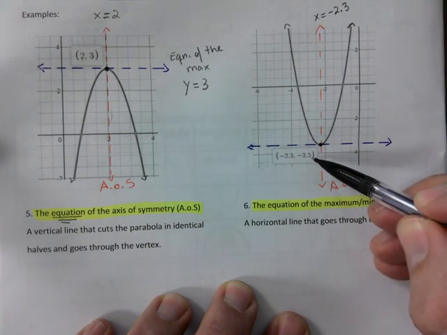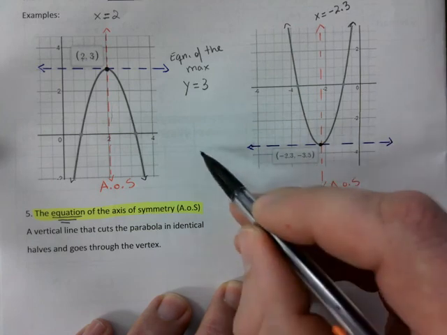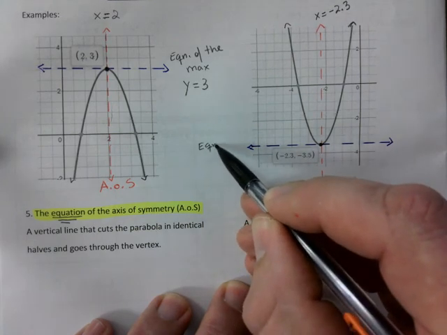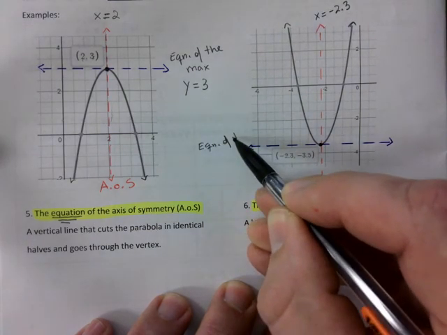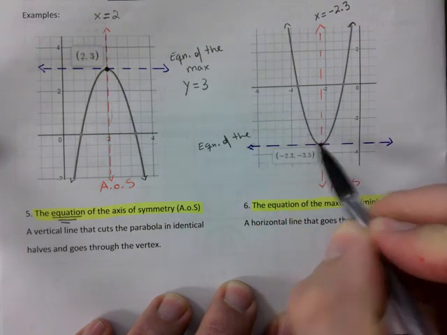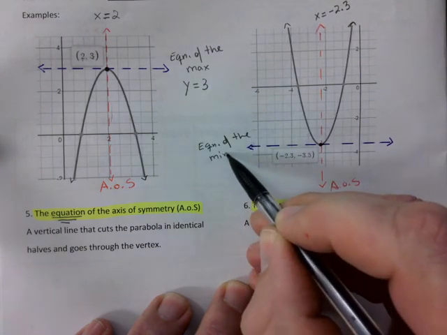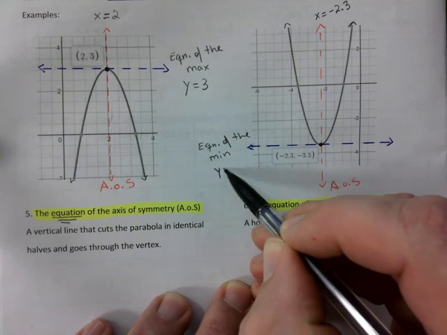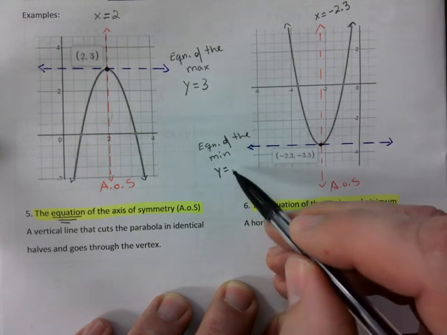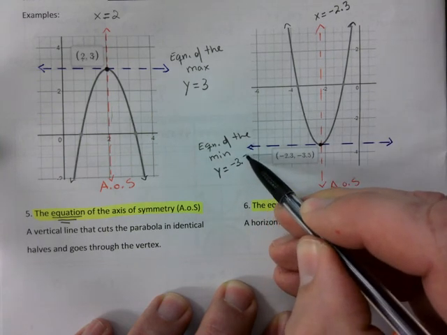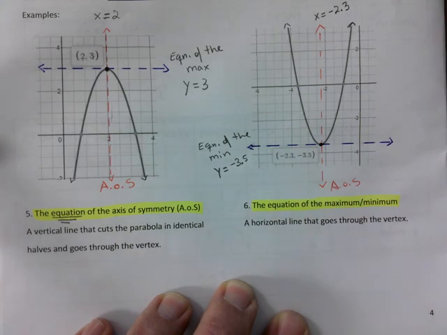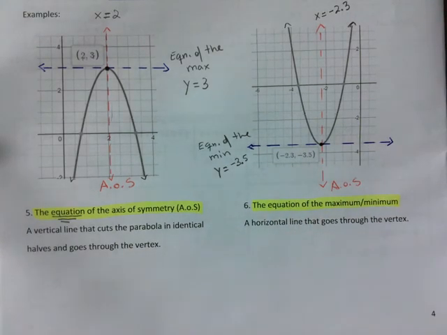The y value gives you the equation of the, in this case, the equation of the min. It's the lowest point. And that would be y is equal to negative 3.5. So these are equations, these are not points. Okay, so be very careful with that.